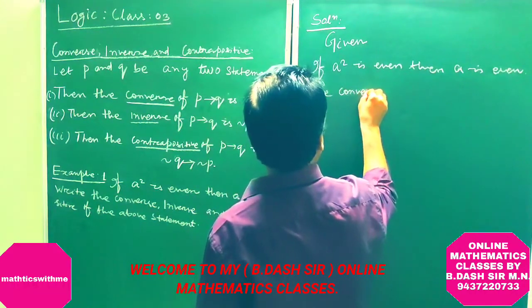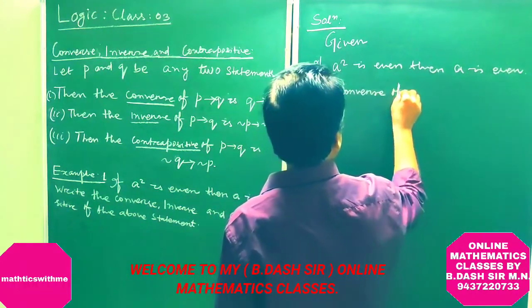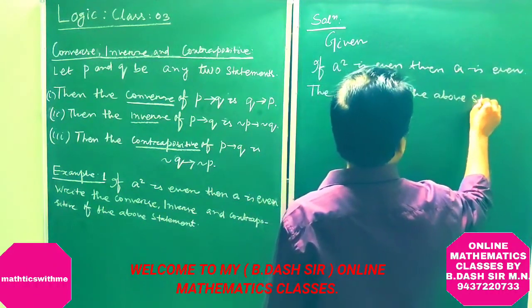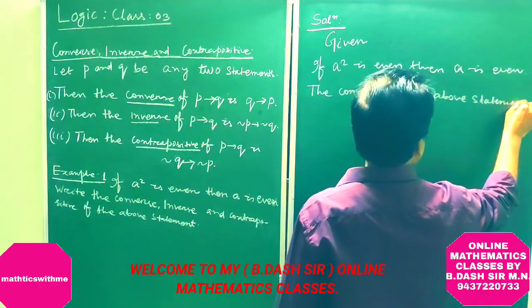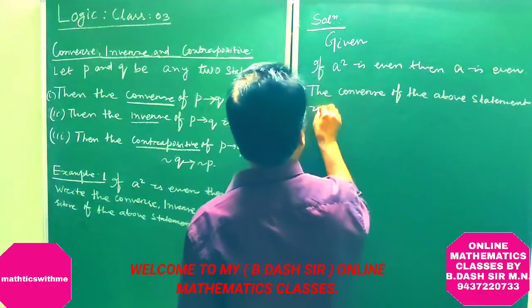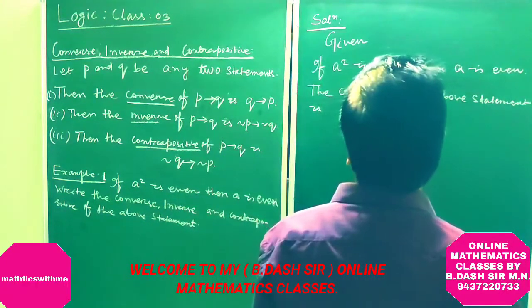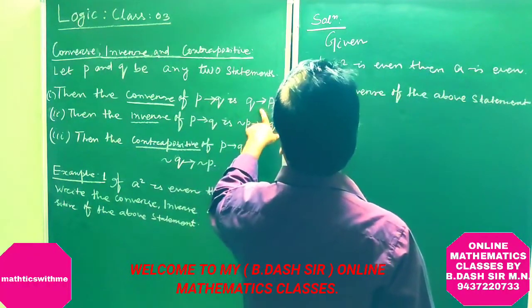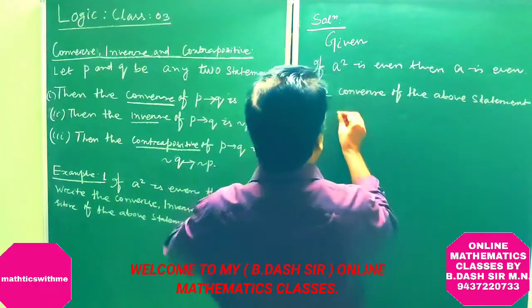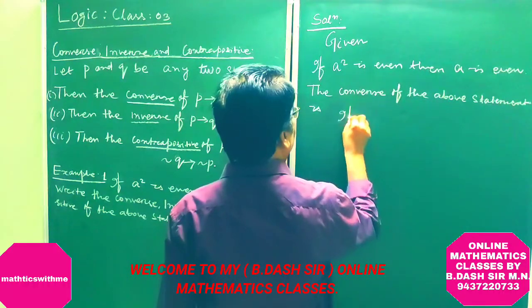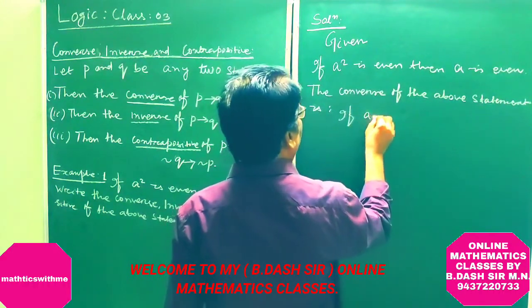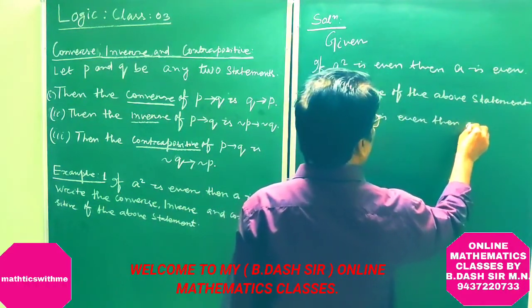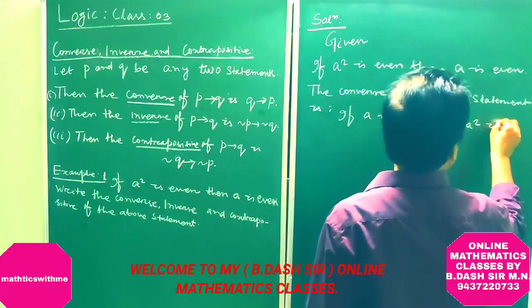The converse of the above statement is, here P implies Q, so Q implies P: if A is even, then A square is even.